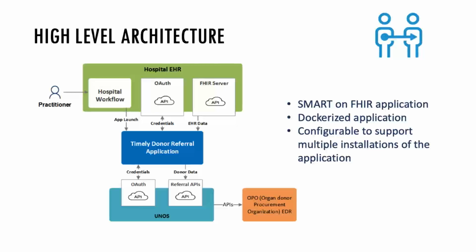The actual organ procurement organizations, OPOs, collect this data from UNOS using their own separate set of APIs. And since this application needs to support multiple EHRs, it should be a configurable application where, using a few configuration changes, the application should work at different EHRs.